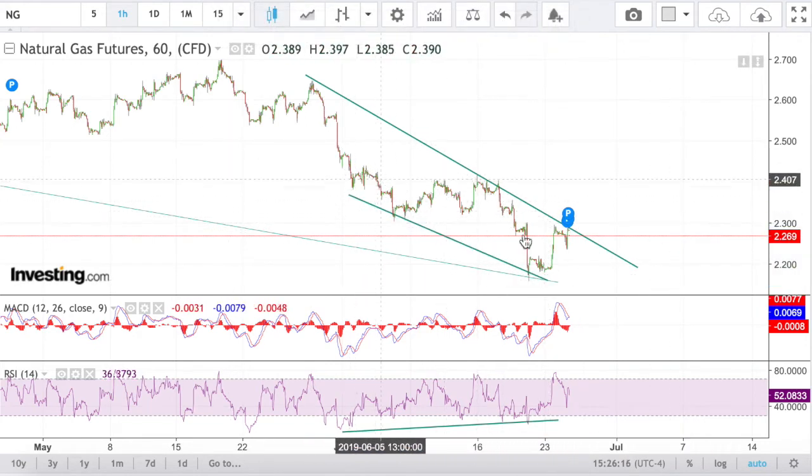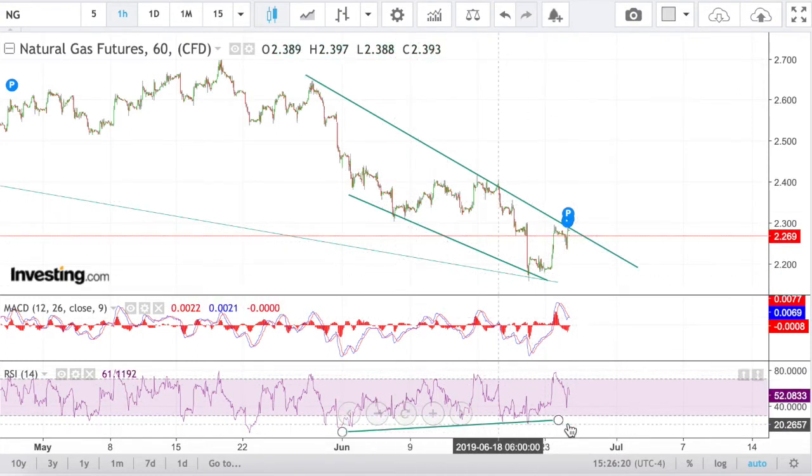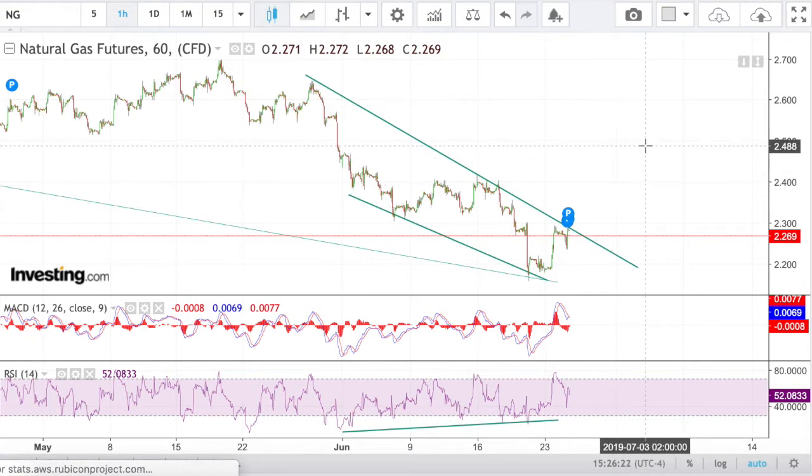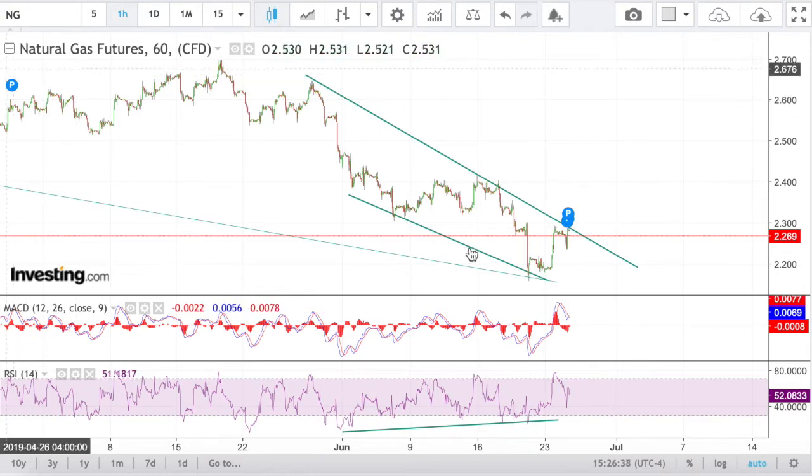We have a nice price channel here. If we break this price channel along with this divergence, it will take us up significantly higher. That does not mean that we're going to start trending up, but it definitely means that we're going to have a nice counter rally, and that's going to be something that we can trade with.